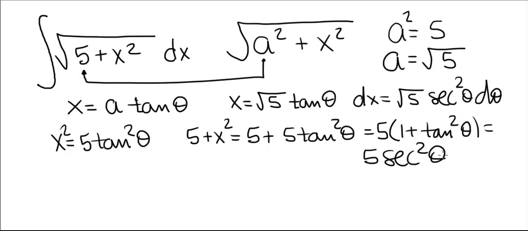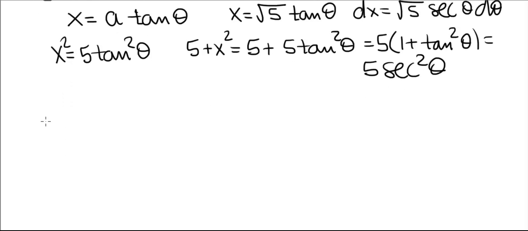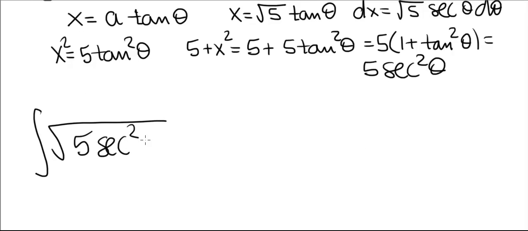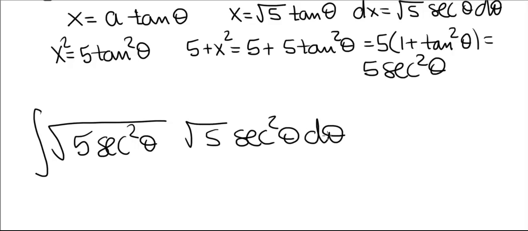Now once we made these substitutions, the radical will go away. The square root of 5 plus x squared is now the square root of 5 secant squared theta, times dx, which is the square root of 5 times secant squared theta d theta.